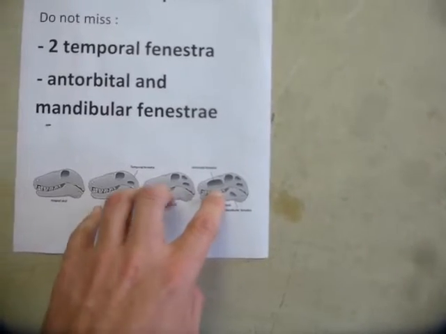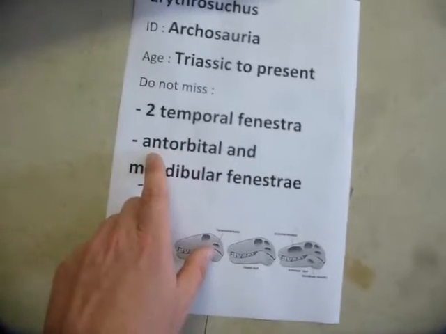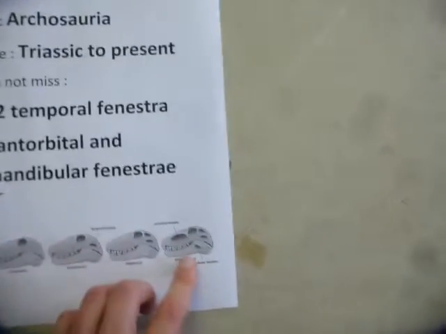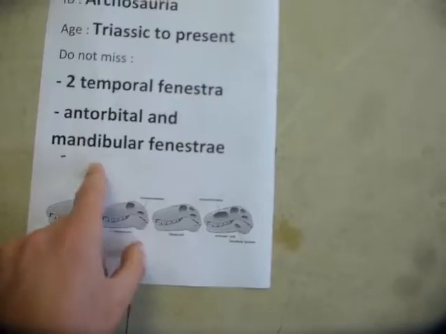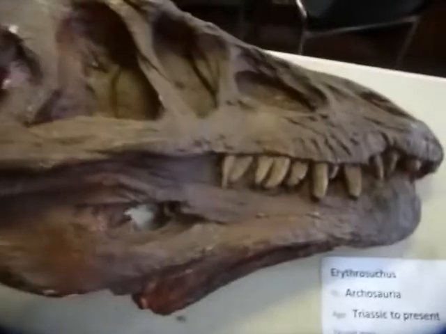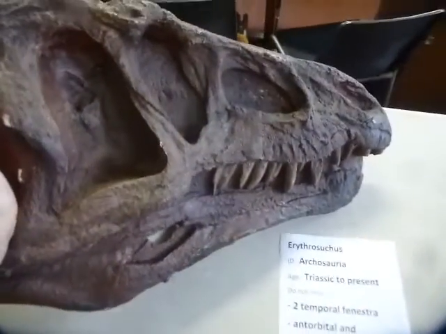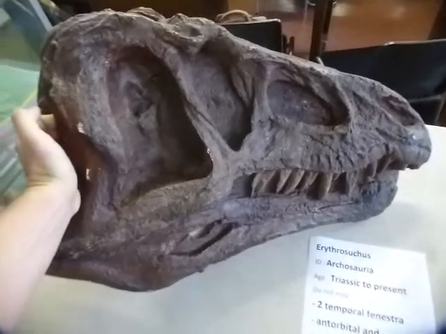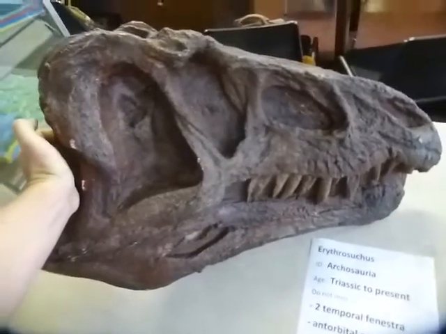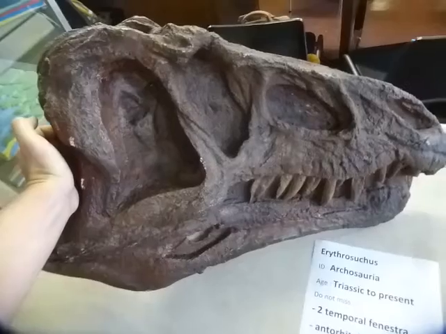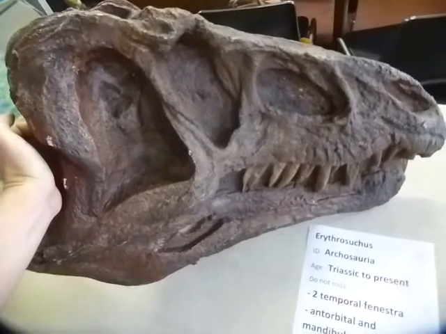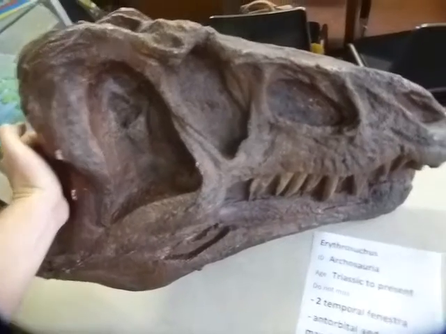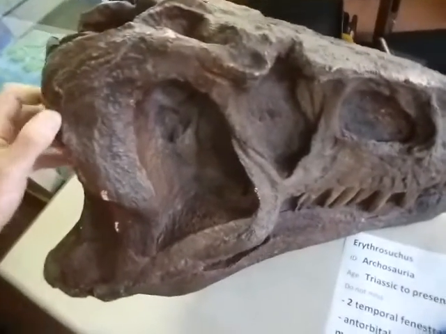The one in front of the eye is called the antorbital fenestra, and the one on the lower jaw is called the mandibular fenestra. So here, if you look at that guy, which looks very much like a dinosaur, it's actually closer to a crocodile. That guy was found in Aliwal North, in the Eastern Cape too. And it's the closest thing you can have in South Africa to a Tyrannosaurus Rex.